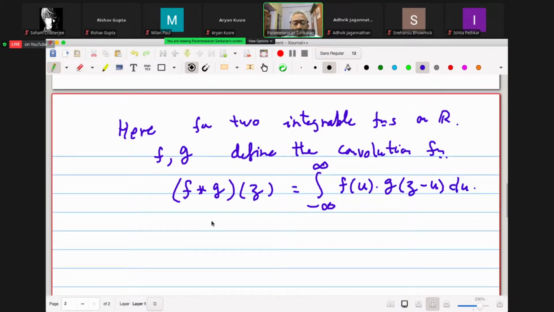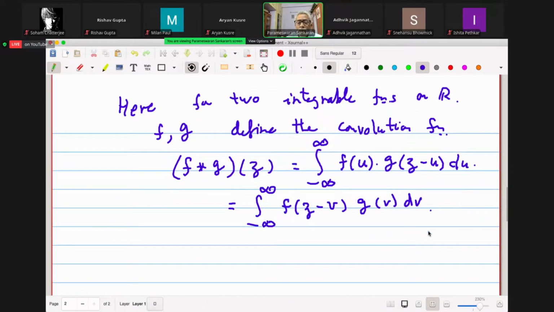And this is also the same thing as the integral minus infinity to infinity, where you change the variable: z minus u equals v, so f of z minus v, g of v dv.